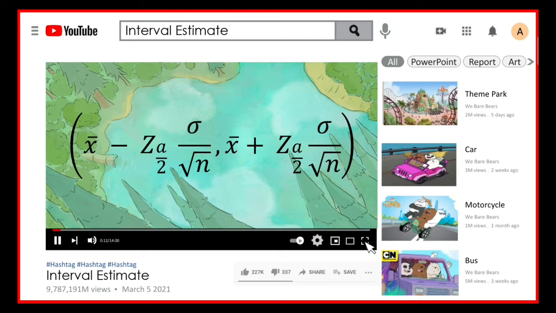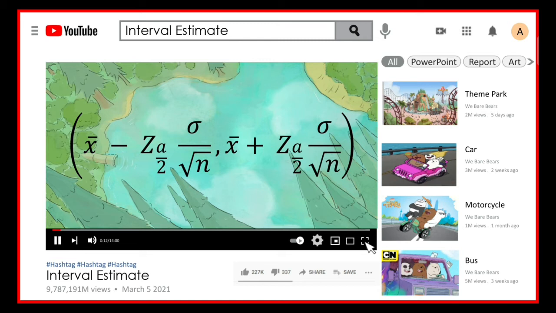That is our lower bound of the interval. While the upper bound of the interval estimate is the sum of the sample mean and the z-value sub alpha over 2 multiplied by the population standard deviation divided by the square root of the sample size.